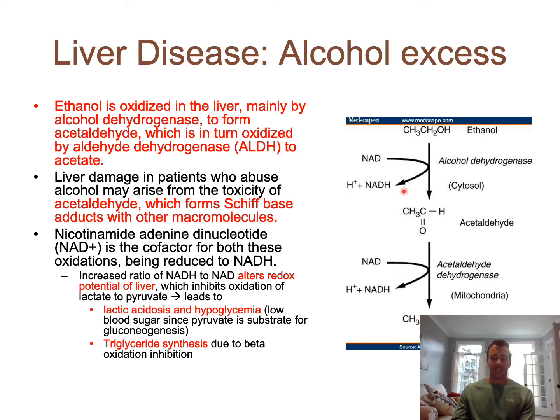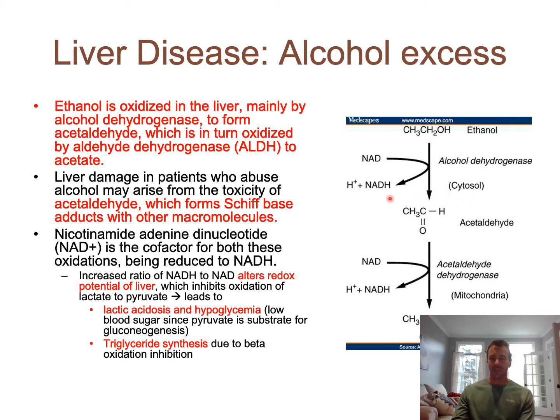So a lot of this toxicity can also be due to using up your NAD and creating NADH, and so you make an imbalance of NADH to NAD, leading to these downstream effects.